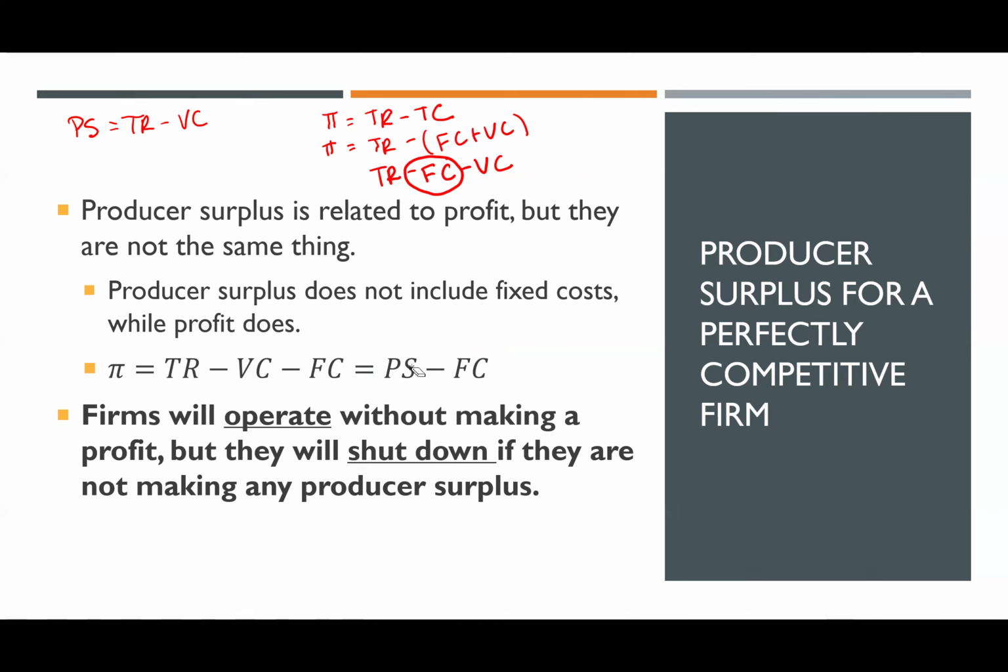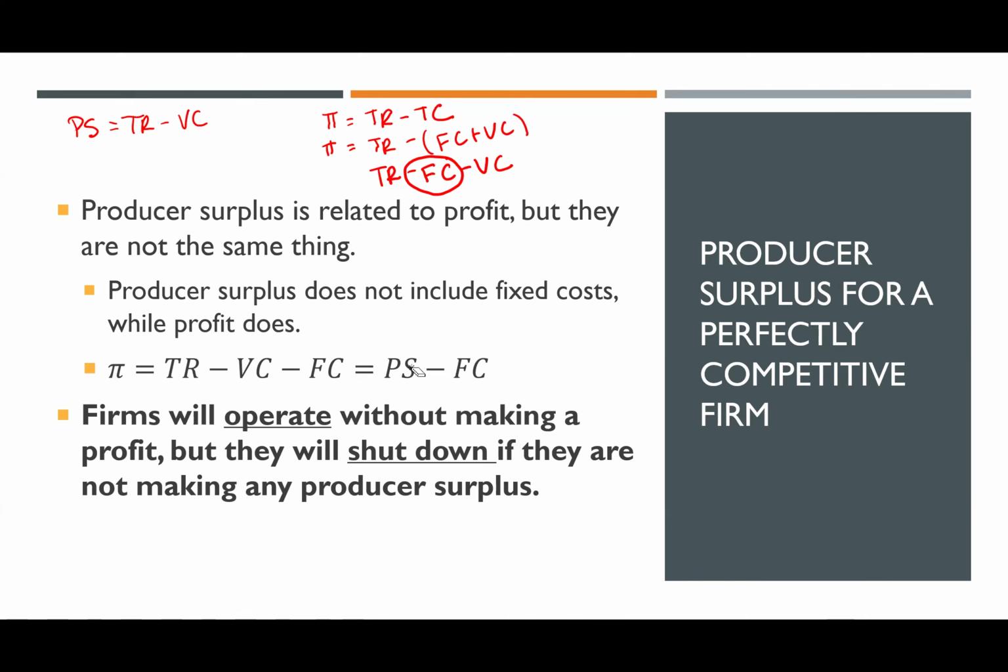What this means is that we'll see firms operating without making profits when they're earning a loss. But if they ever get zero producer surplus or negative, they will shut down, right? If they are not earning more from selling the good compared to what it costs them to make it, they're going to shut down, right?